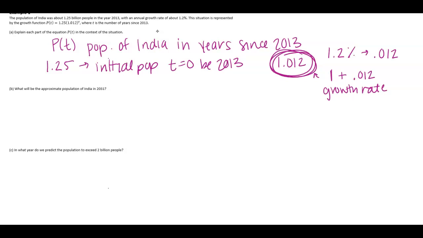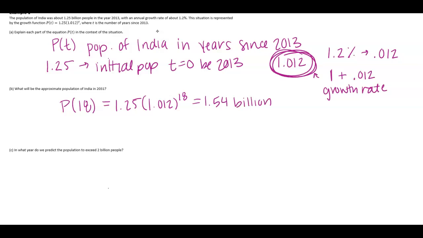All right, so if I wanted to find the population in 2031, let's see, 2031 would be what year? Year 18. And that ends up giving us 1.54 billion.